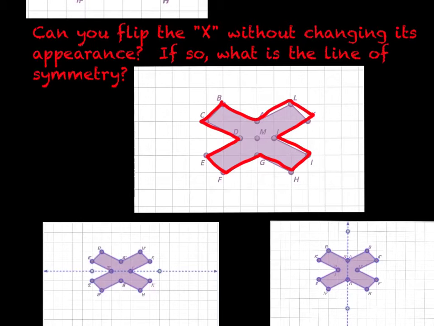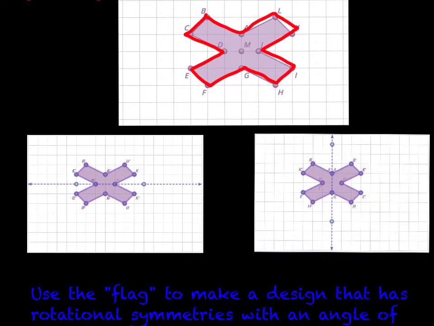Here's our original X, and if we were to look at this, I see a line of symmetry right here going through its horizontal axis, right down the middle, because then I could make L turn into the H, the K would turn into an I, the B would become an F, the C would become an E. This is the notation that you're going to use when talking about the reflection of the star in your book.